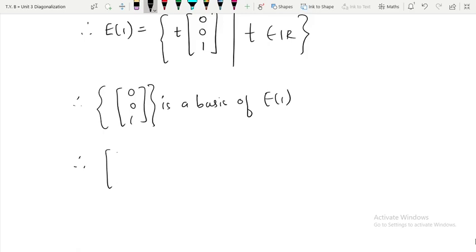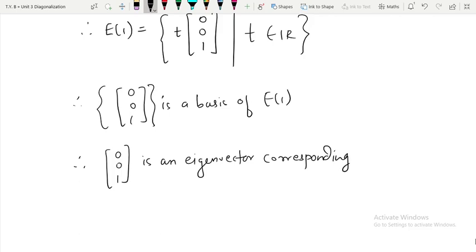Therefore 0 0 1 is an eigenvector. Never say the eigenvector, say an eigenvector corresponding. While using "the" in mathematics, you should be very sure whether it is unique or not. Otherwise, better you use "a" or "an" if you are confused. So 0 0 1 is an eigenvector corresponding to eigenvalue 1.